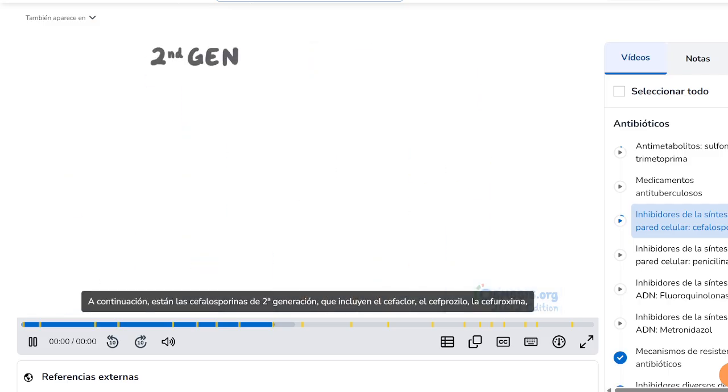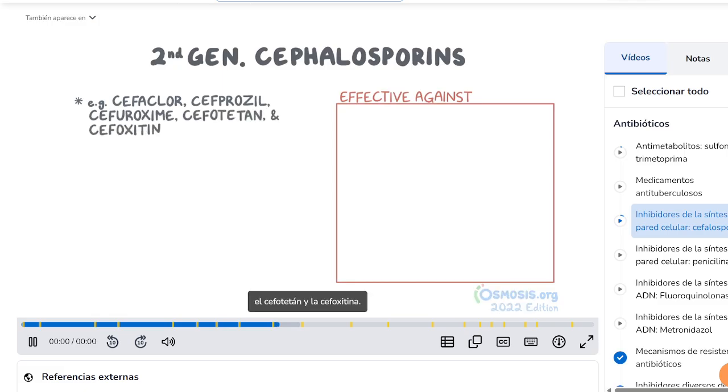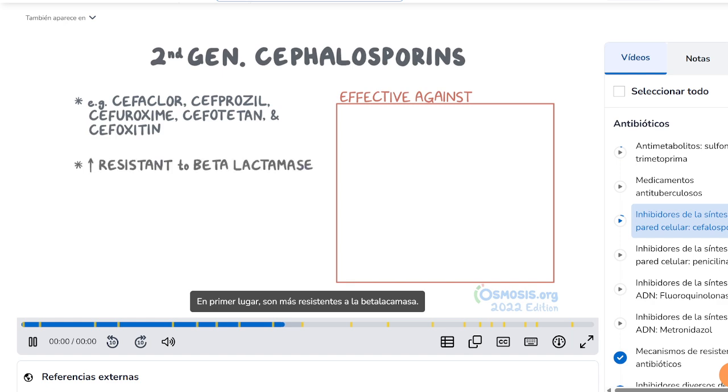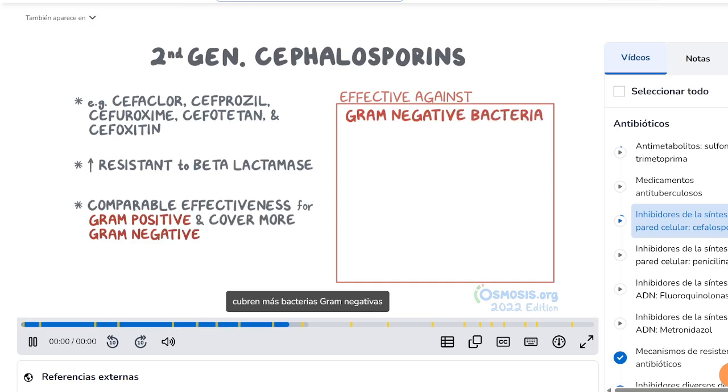Next are the 2nd generation cephalosporins, which include cefaclor, cefprozil, cefuroxime, cefotetan, and cefoxitin. These medications are like an upgrade over 1st generation cephalosporins. First, they're more resistant to beta-lactamase. Second, they have comparable effectiveness for treating gram-positive bugs, and they cover more gram-negative bugs.